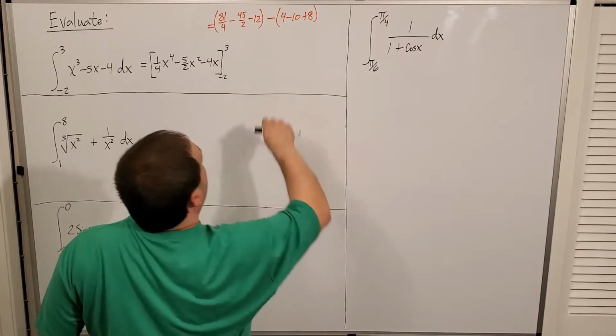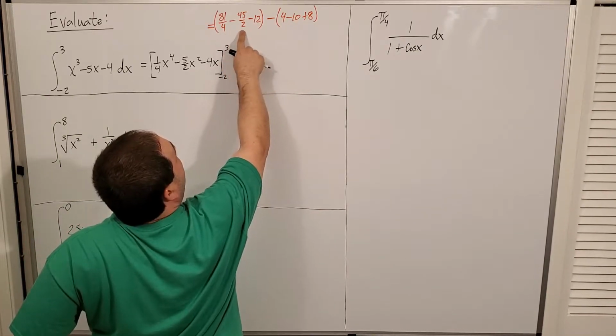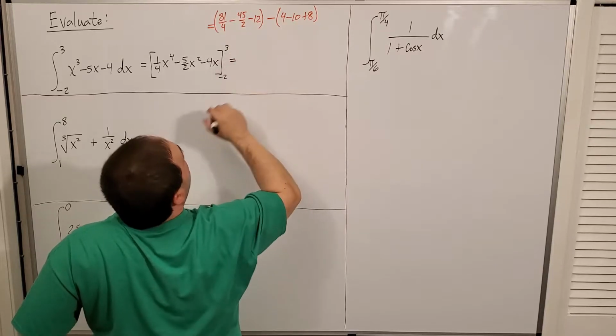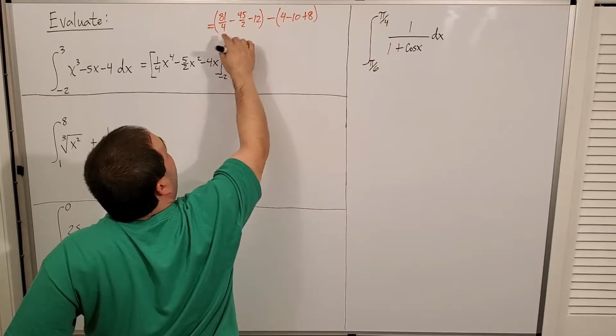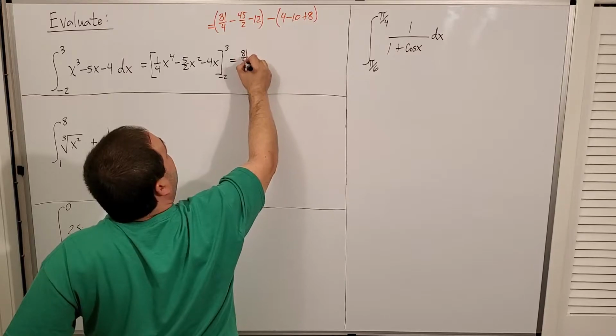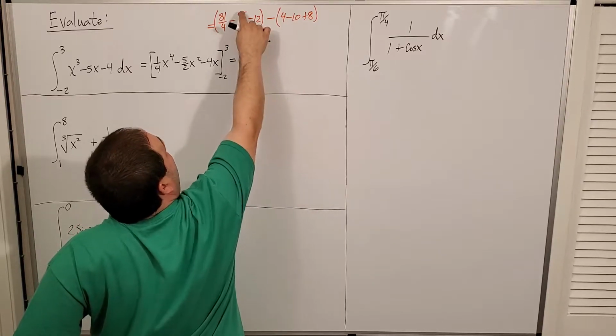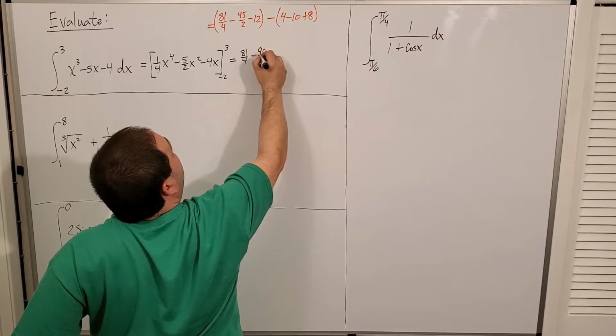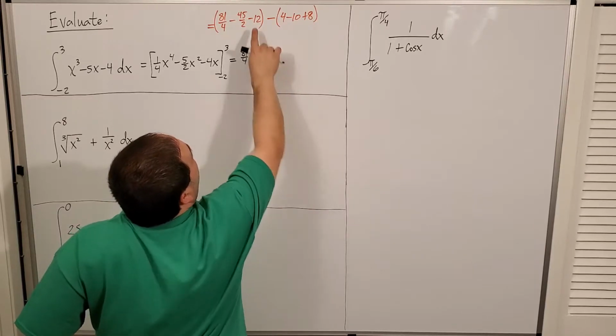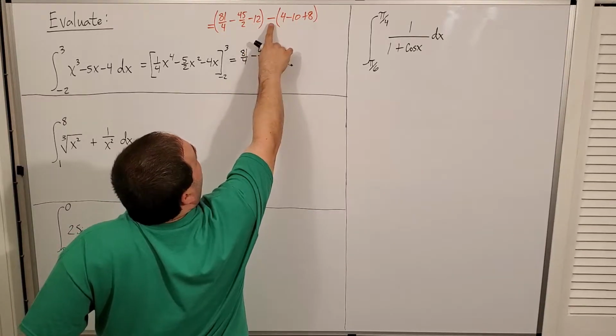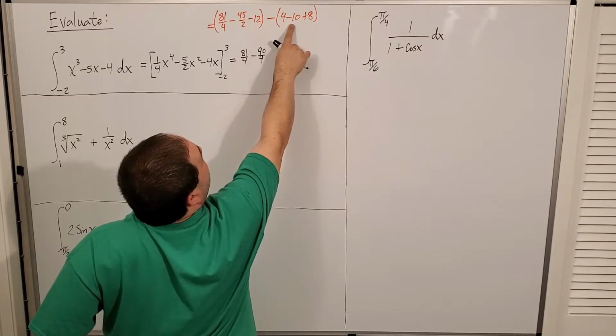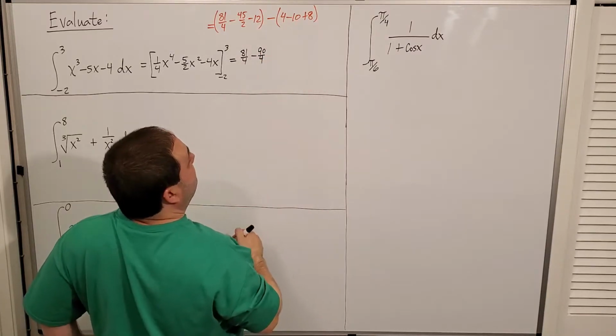So let's see what we've got going on here. I'm going to get some common denominators between these two first to see how bad it's going to be. 81 fourths minus 90 fourths, right? And then I've got negative 12 minus 4 plus 10 minus 8.